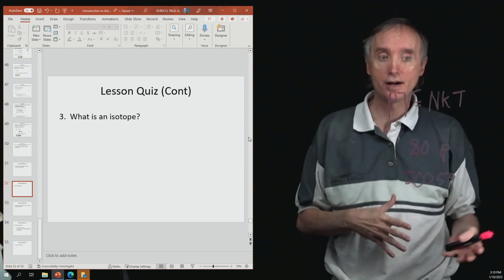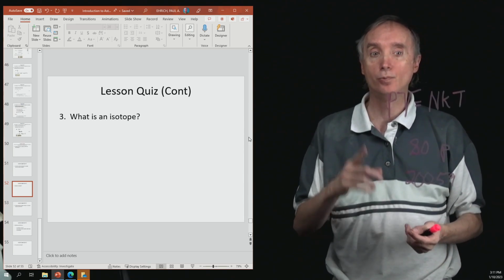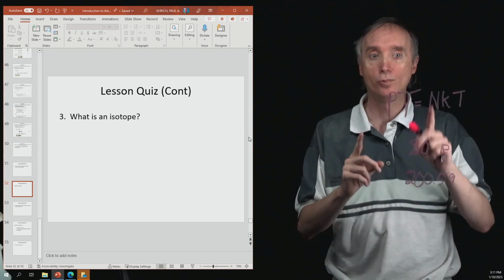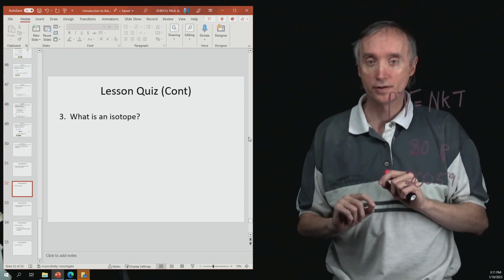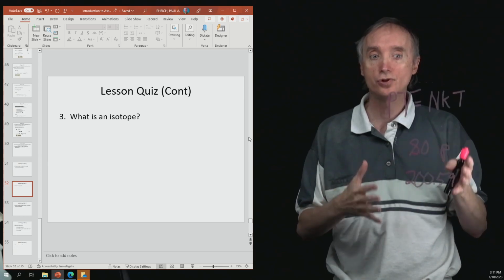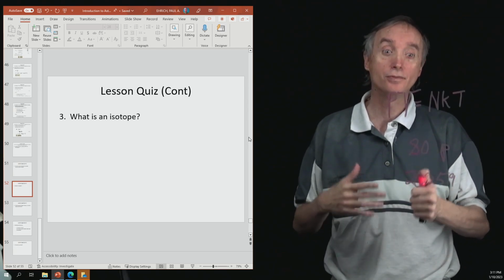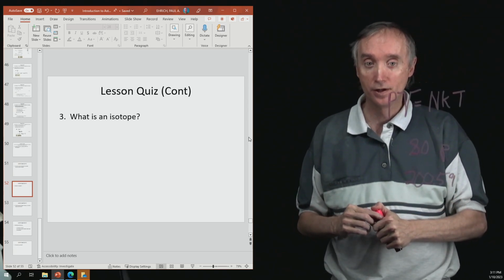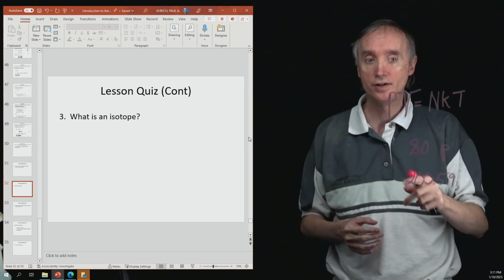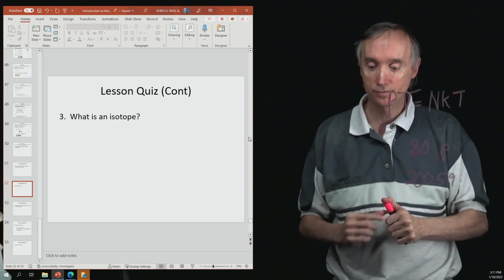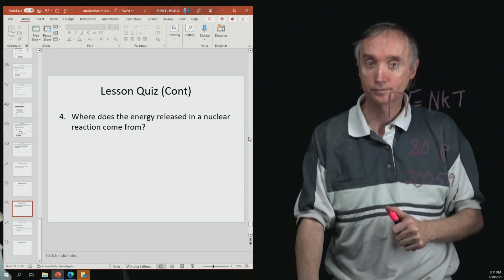But another isotope of hydrogen had 1 proton and 1 neutron. So when you put them together, you get 2, so it would be hydrogen 2. And then there was hydrogen 3, that was tritium. So an isotope is the same element, but it has different numbers of neutrons in its nucleus.